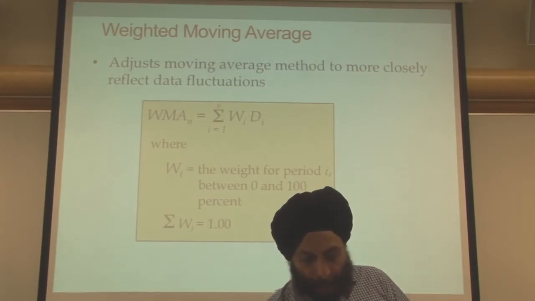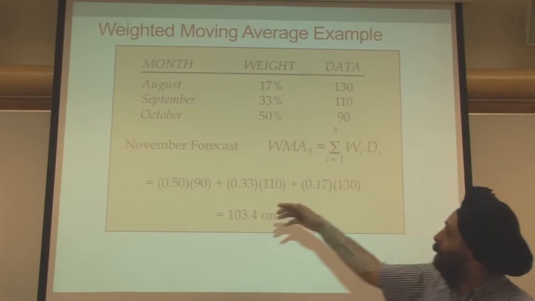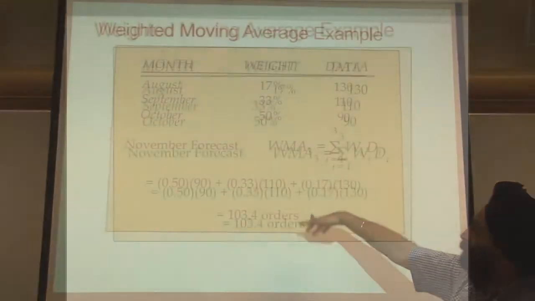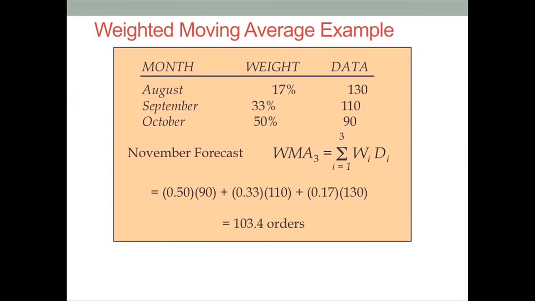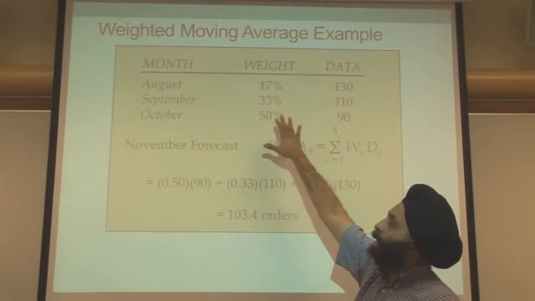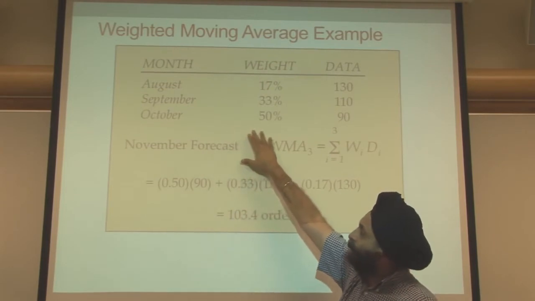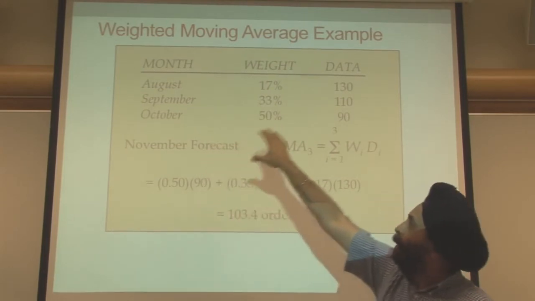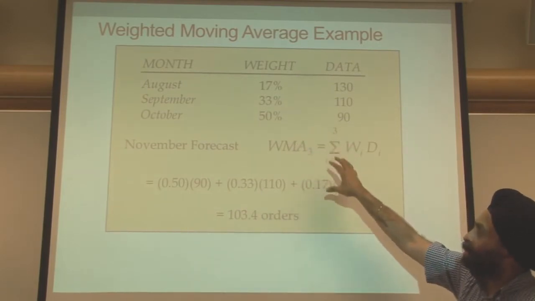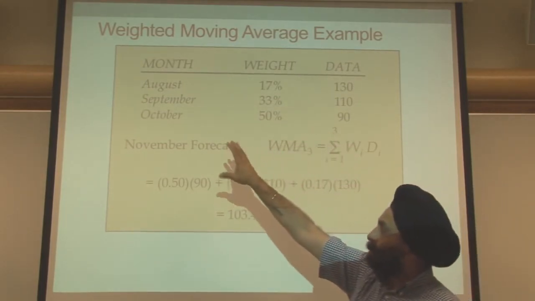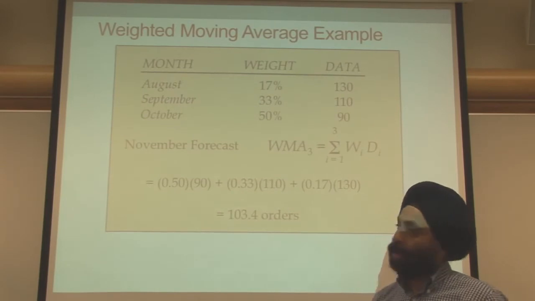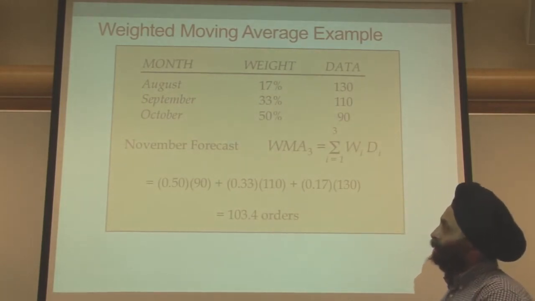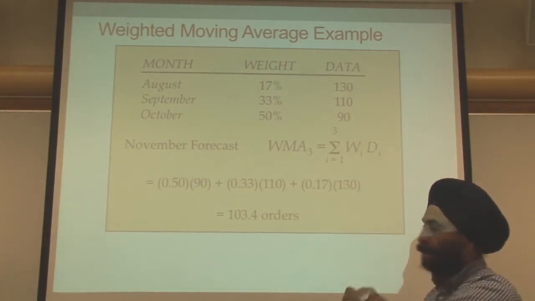So for example, we need to calculate the November forecast, and remember the data given to us is 90, 110, and 130. But now we are using a weighted forecast, and we are putting 50% weight on October, 33% weight on September, and 17% weight on August, instead of 33, 33, 33.